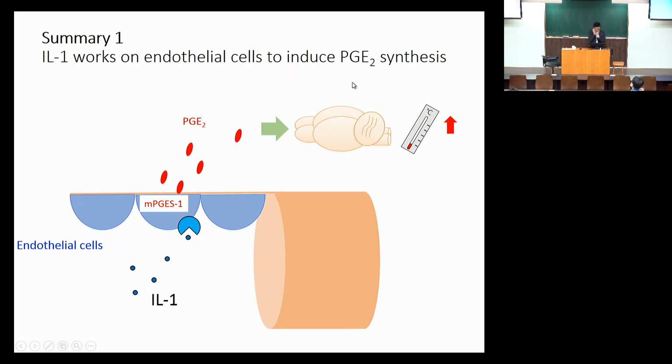So here we have the hypothesis. When we have infection in peripheral tissue or peripheral blood, this cytokine, IL-1, binds to the receptor in endothelial cells, and then from these endothelial cells, prostaglandin E2 is produced, and this prostaglandin E2 goes through to the brain, and then it works in the brain to produce fever.